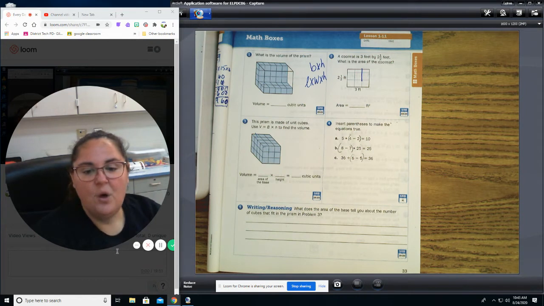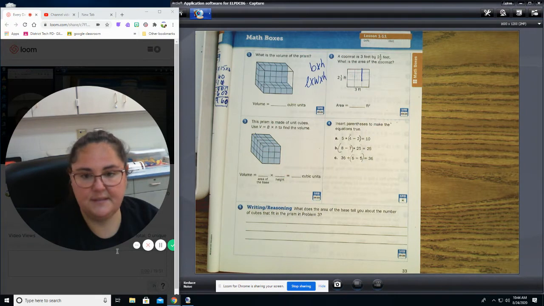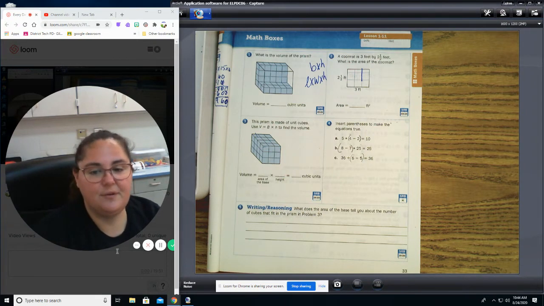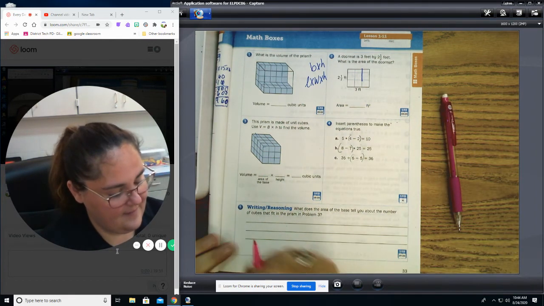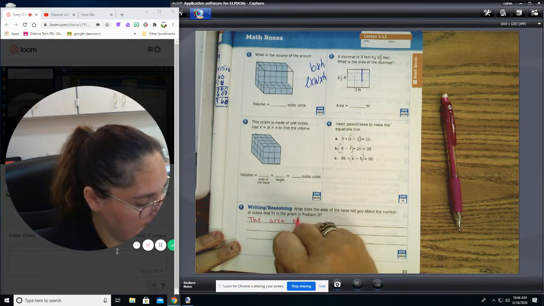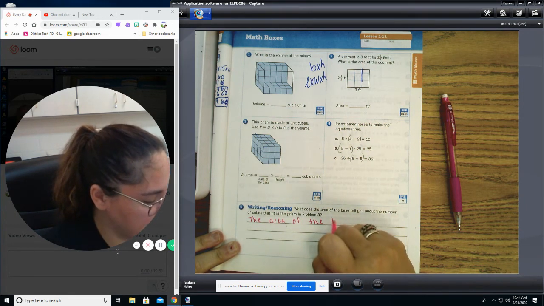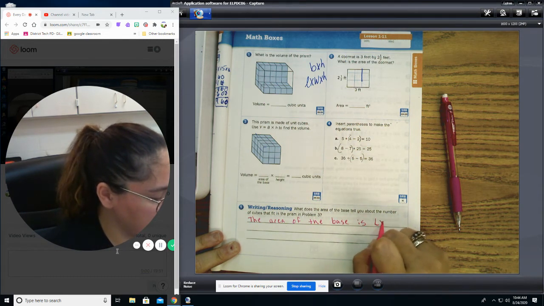Number 5, what does the area of the base tell you about the number of cubes that fit in the prism in problem 3? The area of the base is length times width.